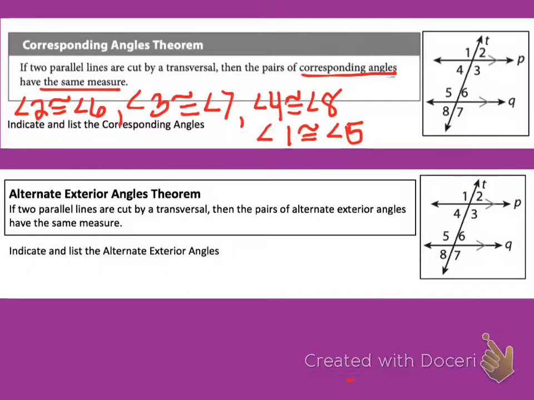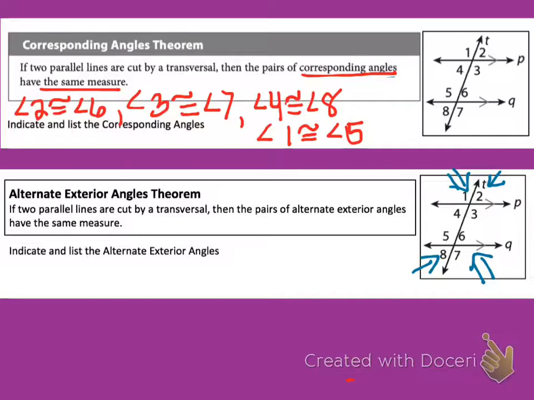And now our final angle pair, the alternate exterior angles, those were the ones I mistakenly was explaining with the prior theorem, but that's 2 and 8 and 1 and 7. And again, if you just had to look at the drawing and guess what the relationship is, they're definitely going to be equal.